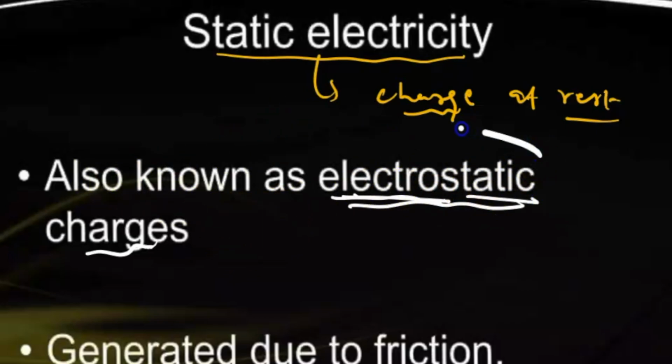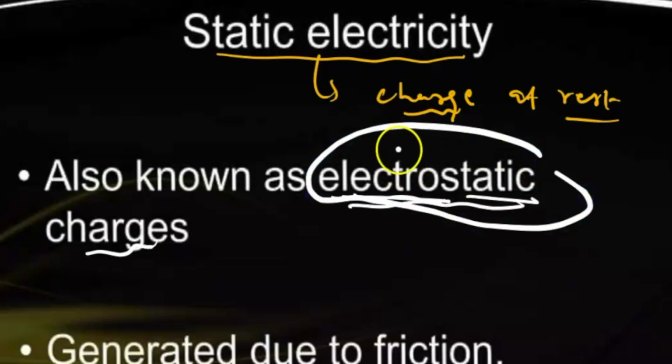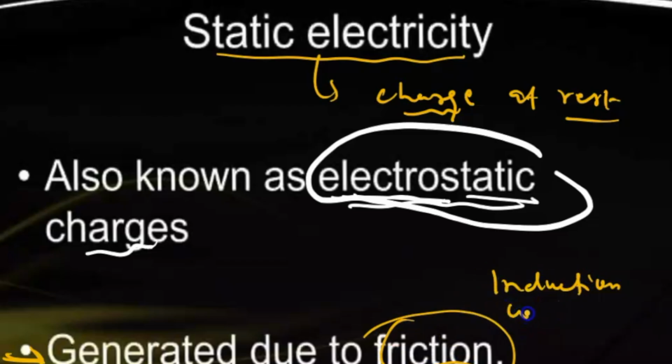Also we can call static electricity electrostatic charges. And furthermore, it is generated due to friction. This is one of the methods, as I told you. Electricity could be generated using friction or induction, and the other one is by conduction.